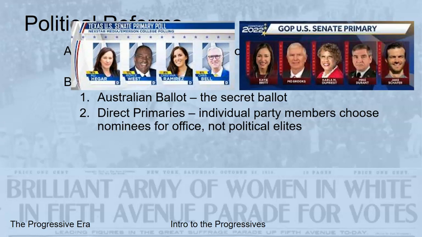Prior to the progressive era, the way that is done is party leaders get together and they discuss, who do we want to be the Democratic nominee for president? Who do we want to be the Democratic nominee for senator from our state, or the Republican nominee for Congress or governor, or what?